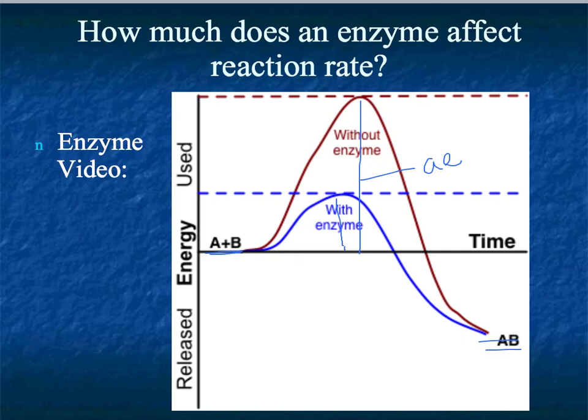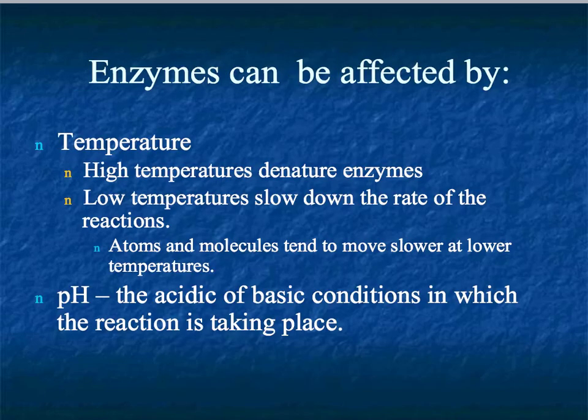So there are a couple of things that we need to be concerned with when using enzymes, and how the body uses enzymes as catalysts to speed up reactions. There are some things that influence how well the enzyme will work. One is temperature. At very high temperatures we can run into issues, because they're going to denature enzymes.